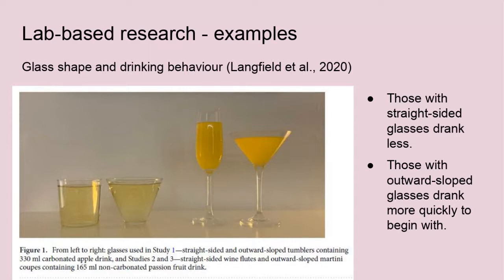And then amongst the tumblers on the left-hand side, those who had a straight-sided glass drank quite steadily, whereas those who had an outward sloping glass actually drank more to begin with, which when it comes to, I don't know, orange juice, it probably won't make much of a difference. But if this was an alcoholic drink, what you'd probably find is that people get drunk a bit more quickly.